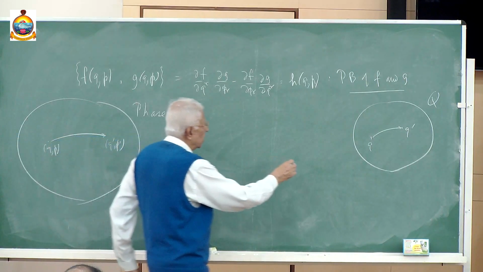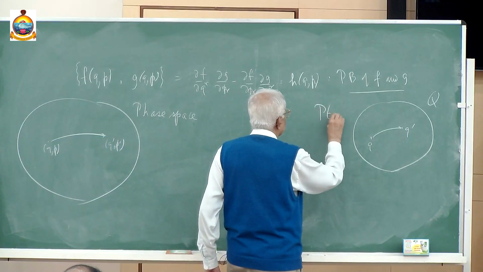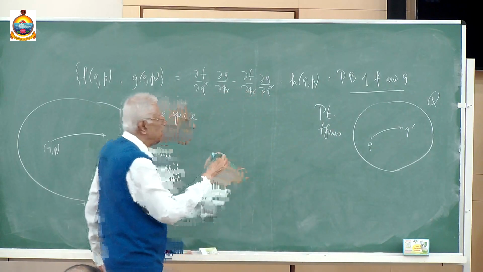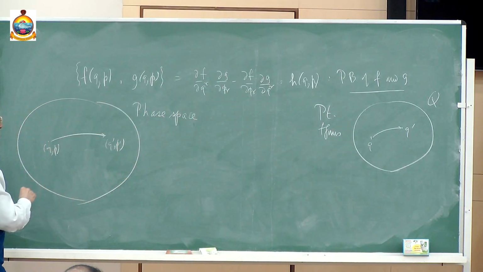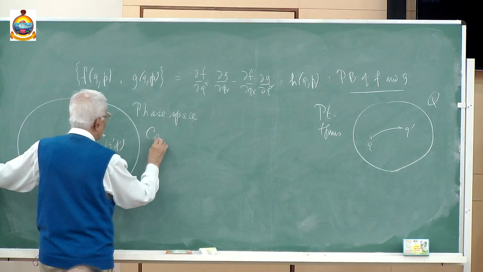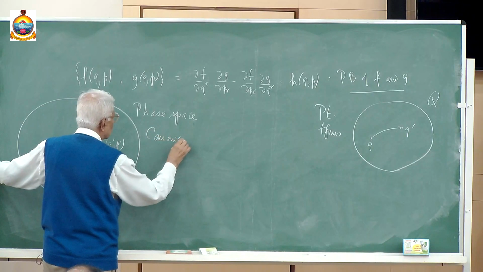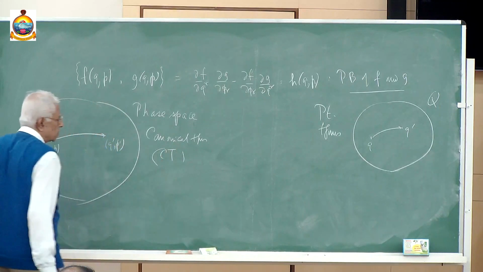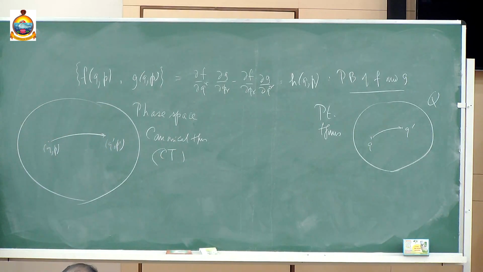So I will write it here: these point transformations describe the invariance, covariance property of Lagrange's equations, and here we have canonical transformations, often abbreviated by CT. And Shamik was asking, when will I describe them? I will be doing it tomorrow, not today.